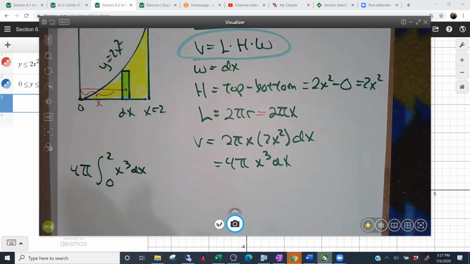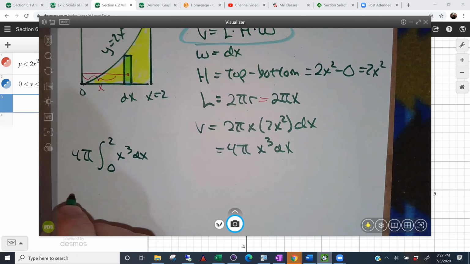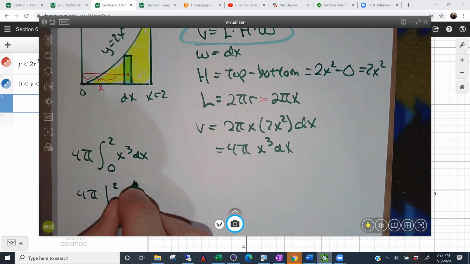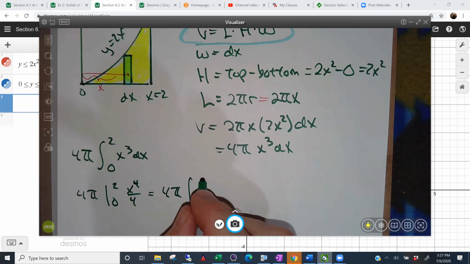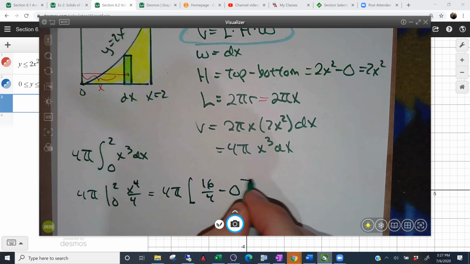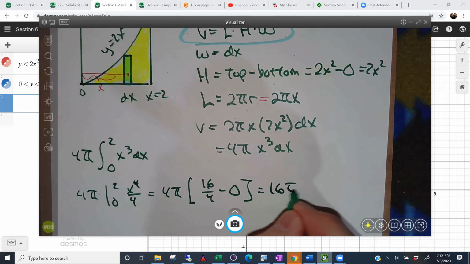So 0 to 2. When I integrate, that's going to be 4 pi, 0 to 2 of x to the 4th over 4. These 4's cancel. 2 to the 4th is going to be 16. 16 over 4 minus 0 gives you 16 pi. Nice.